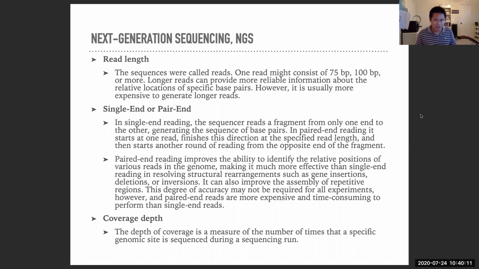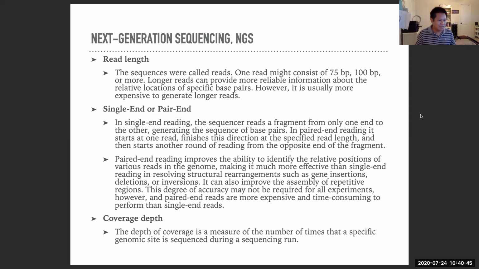But if you do paired end, the sequencer also reads 150 base pair from the other end. So you get 150 plus 150, which is 300 base pair, longer than the 250 base pair original fragment. You're going to have a 50 base pair overlap there, so you can connect those two reads and make a single read much longer than 150.